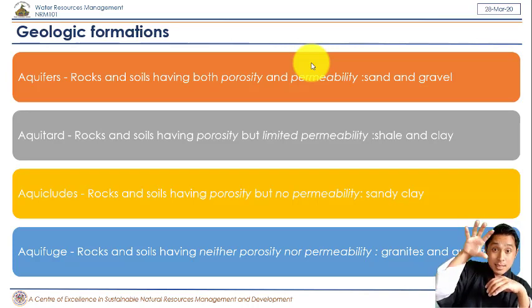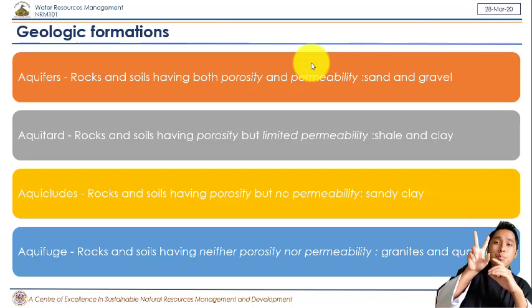So aquifer, aquitard, aquiclude, aquifuge. This is the sequence that you need to know. Aquifer: porosity and permeability both. Aquitard: porosity but less permeability. Aquiclude: porosity but permeability nil. Aquifuge: no permeability, no porosity.